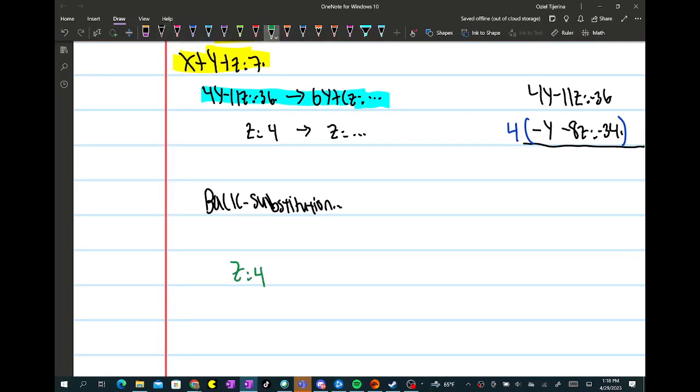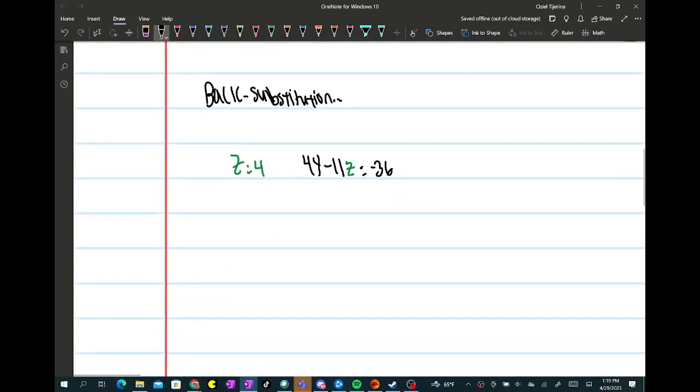So then we have 4y minus 11z equals negative 36. And then finally what we're going to do is we're going to say 4y minus 11 times 4 equals negative 36. And then we have 4y minus 44 equals negative 36.